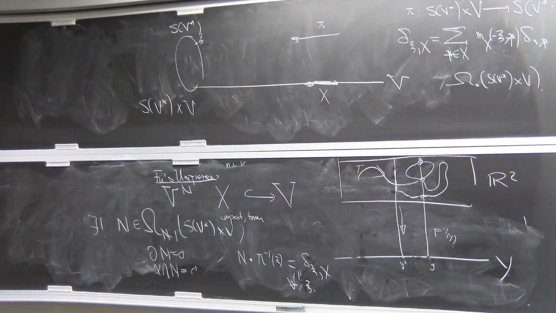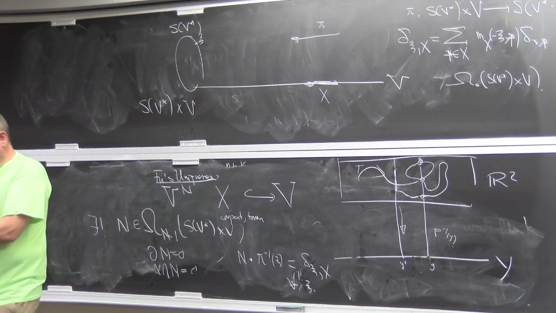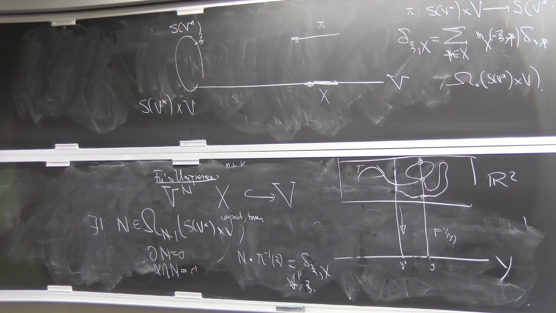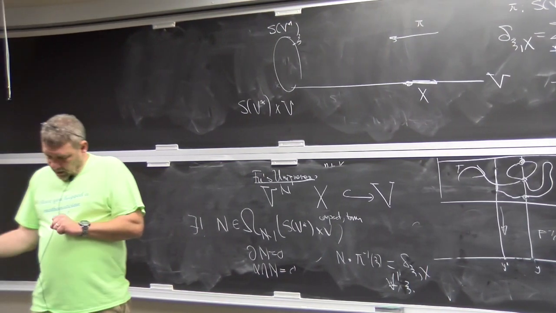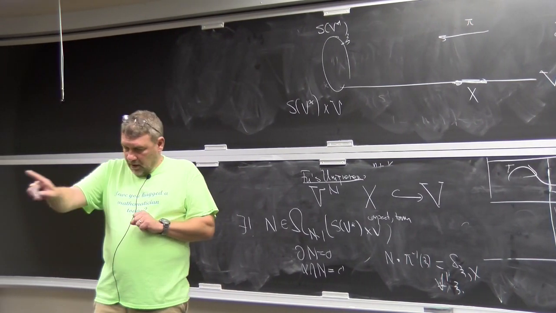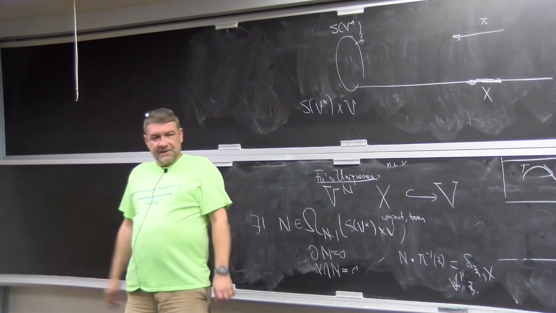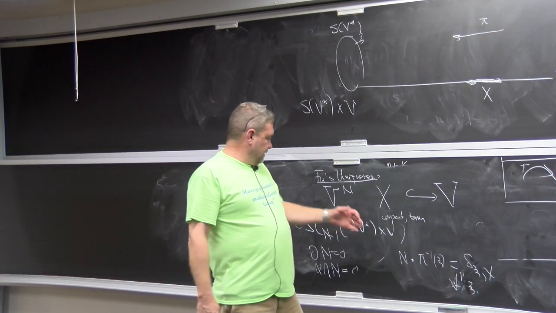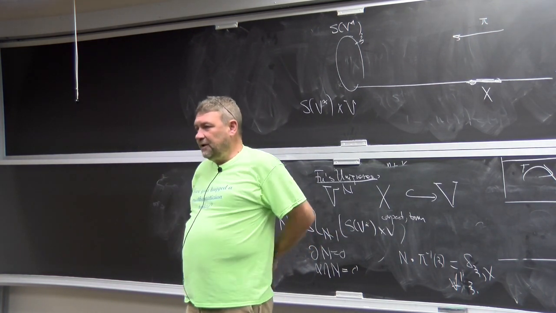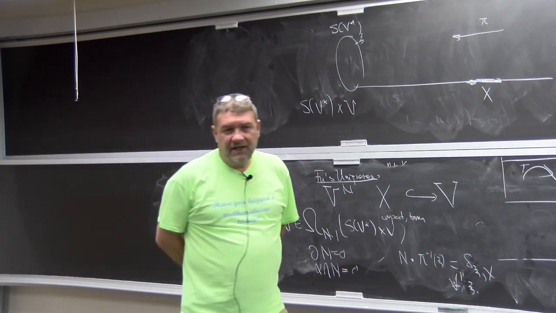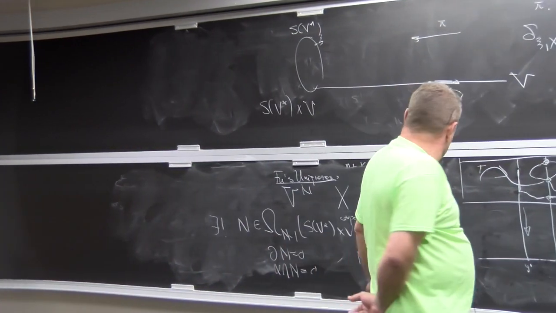In another example, you take an open set in V with C2 boundary, and look at the unit outer normal. That's the Gauss map of this hypersurface, and then define n to be the graph of the Gauss map. And it satisfies all these conditions.